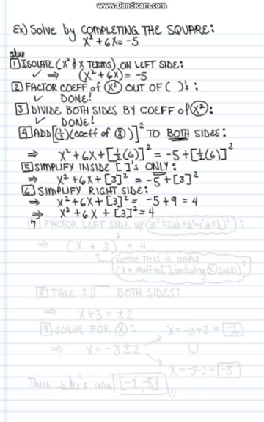Now comes a very mysterious step, 7. We're going to factor the left side using the formula a squared plus or minus 2ab plus b squared equals parenthesis a plus or minus b squared.